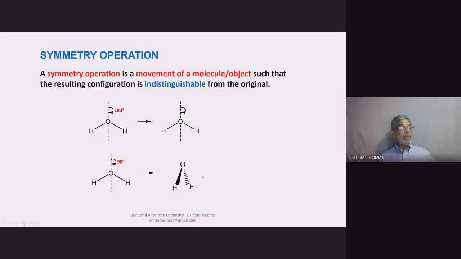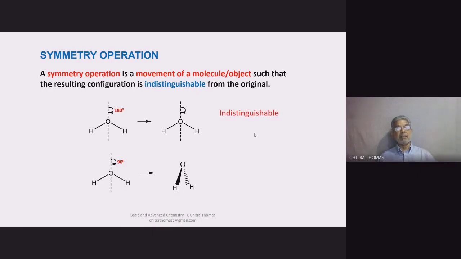Now, of these two configurations, one configuration is indistinguishable. The other is distinguishable. See, indistinguishable means you cannot differentiate. Distinguishable means we can differentiate it. Now you tell me or you decide whether this is distinguishable or indistinguishable.